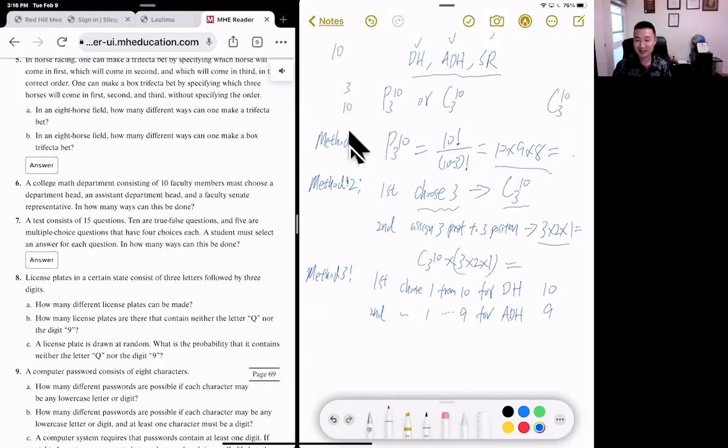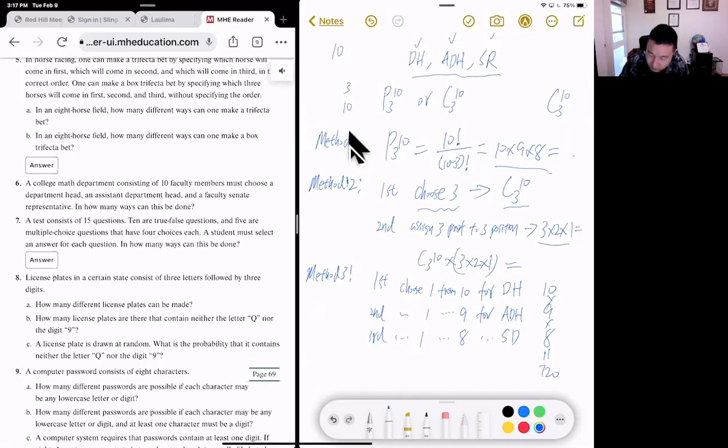And the third one, we choose one from the remaining 8 professors for senate representative. Then we have 8. So 10 times 9 times 8. We got the same answer, 720 different choices.